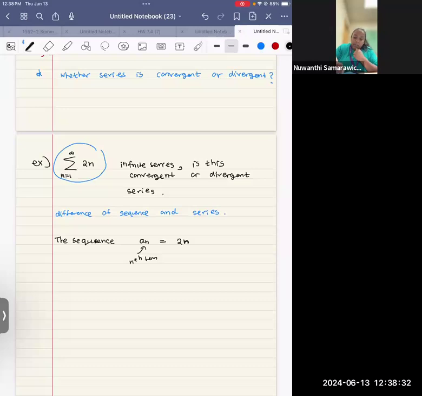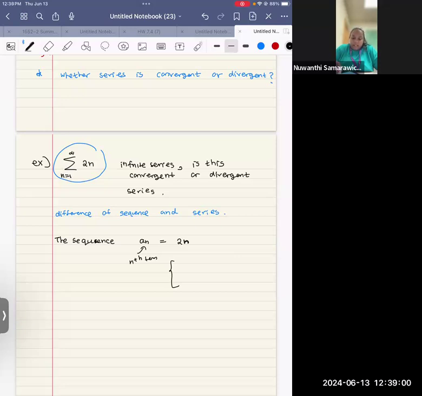Then if we write the sequence, what are the terms? Can you tell me what are the first four terms of the sequence?